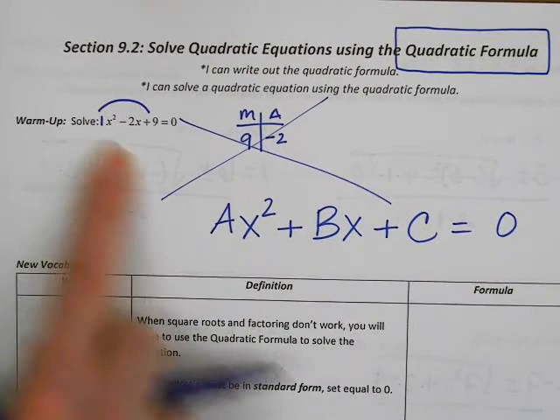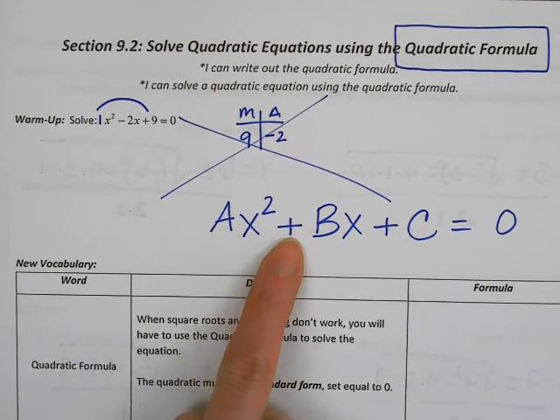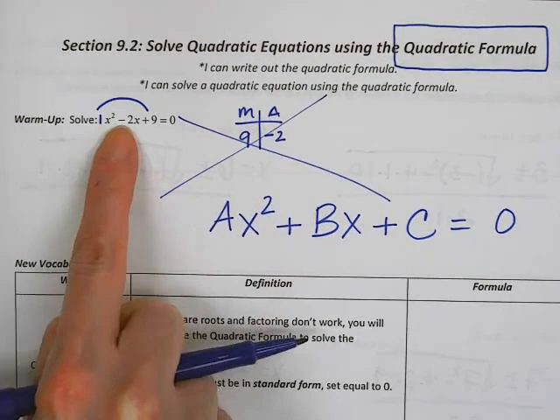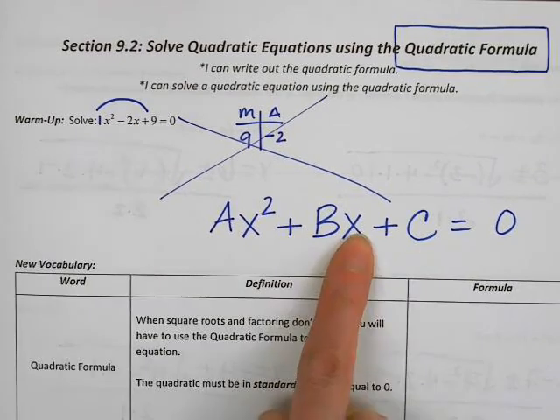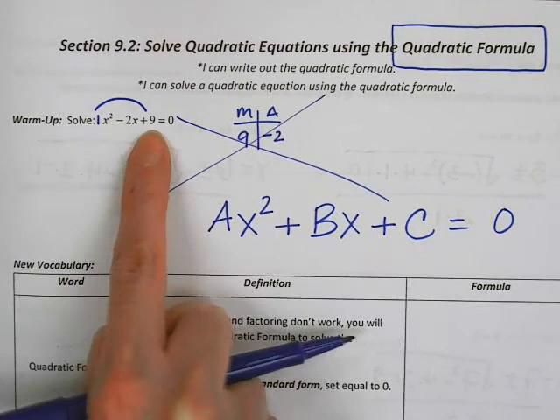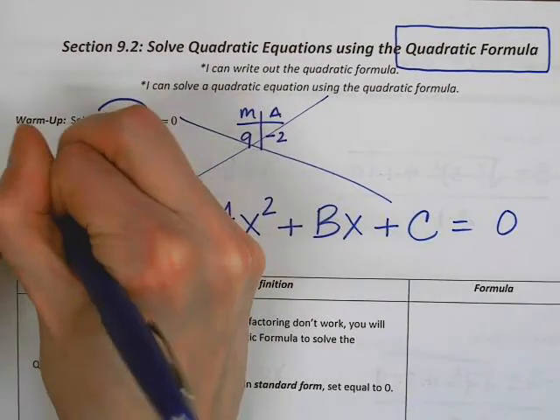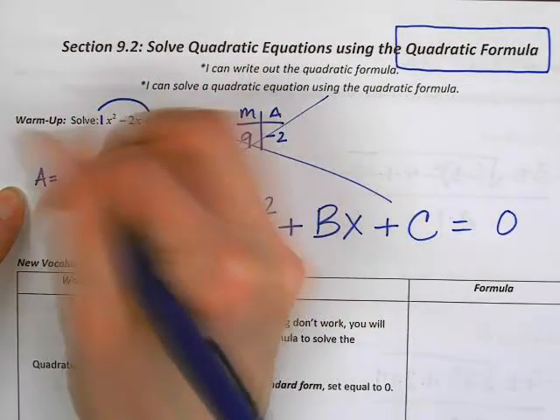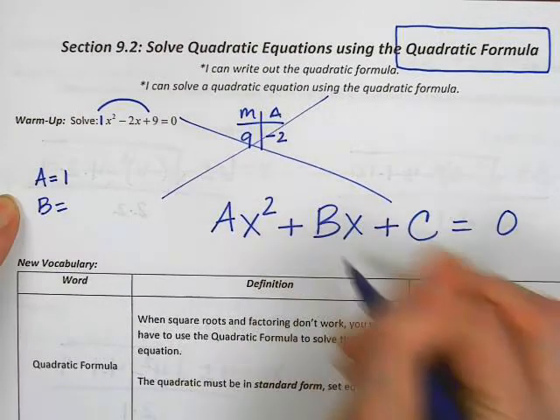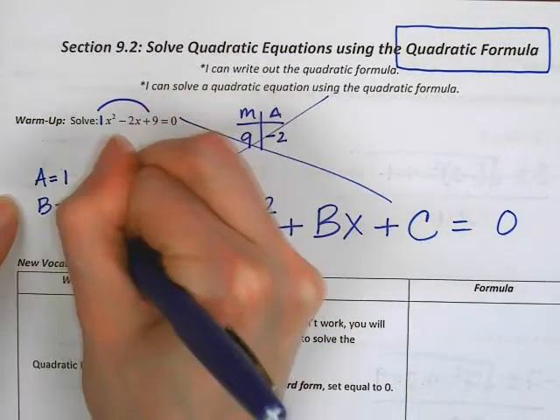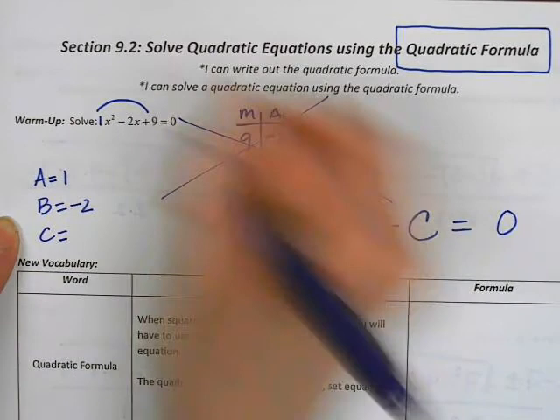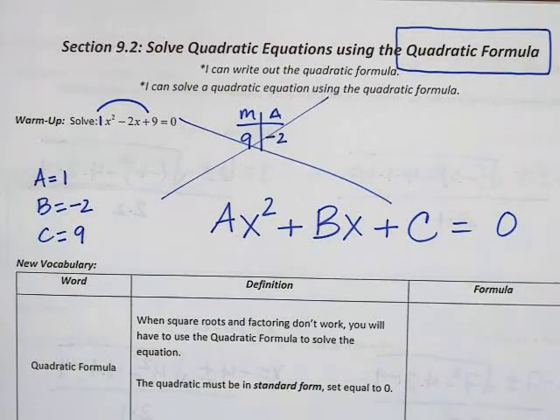So a would be 1 x squared, plus b would be -2, and then there's the x, and then c would be the 9. Right? So let's write that down. So for our story here, a is 1, b is -2, and c is +9.